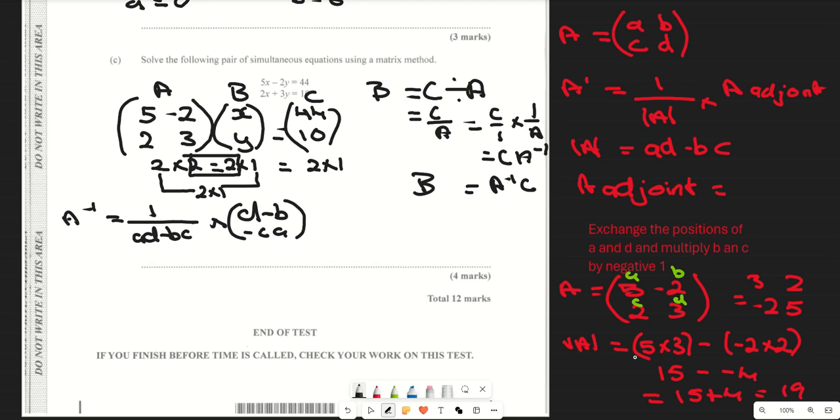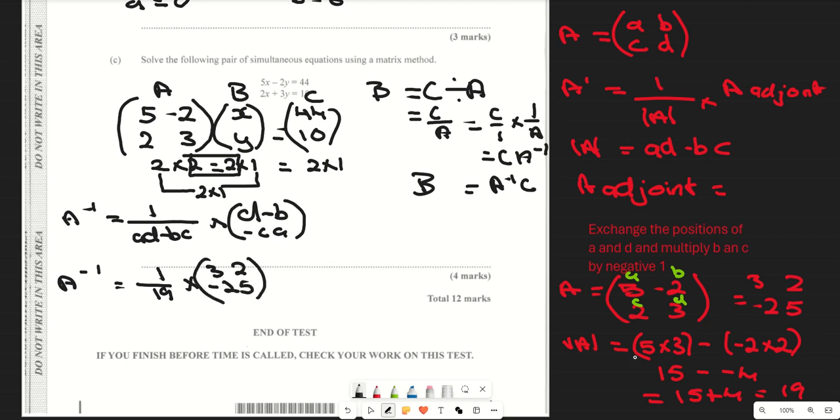Right? So A inverse, I'm running out of space, I'll just do it underneath. A inverse would be 1 over 19 multiplied by the adjoint, that's 3, 2, minus 2, 5.